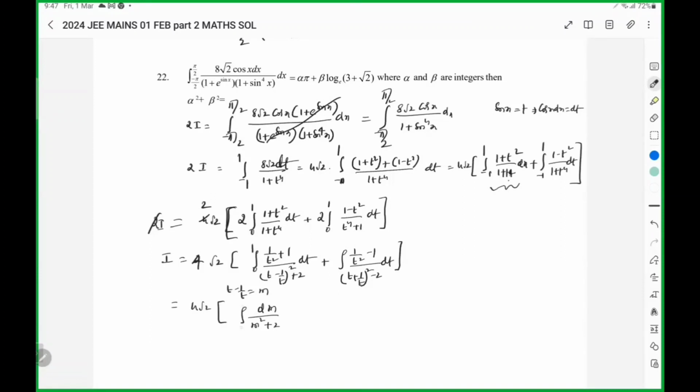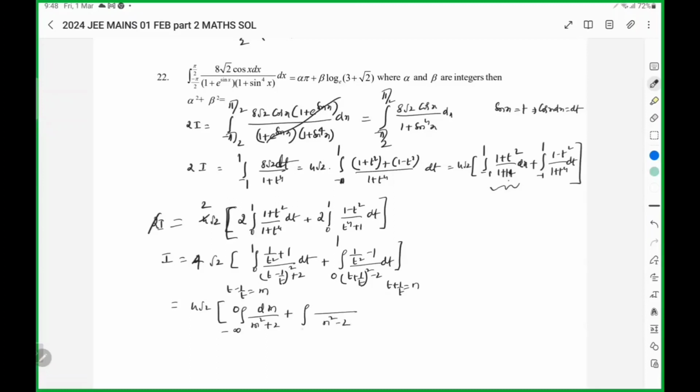When t goes from 0 to 1, m goes from minus infinity to 0. Plus here it is t plus 1 by t, you take it as n. M square minus 2.